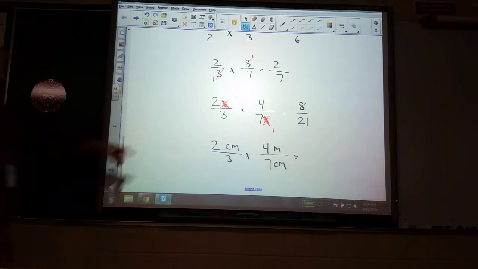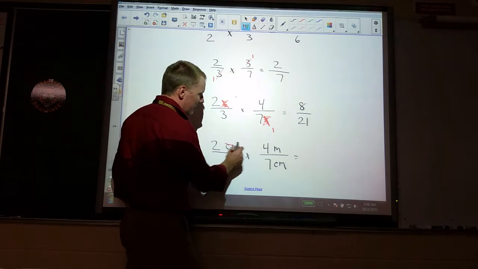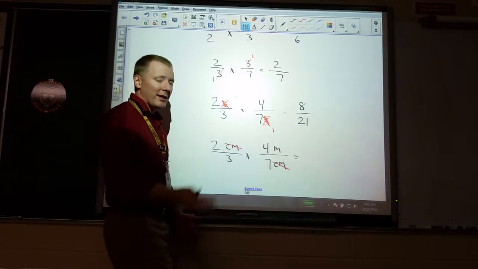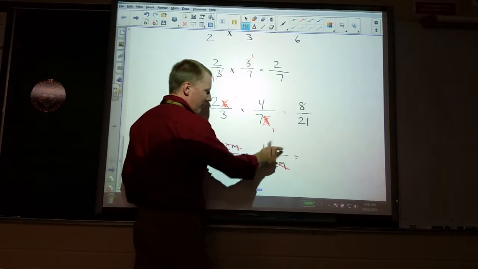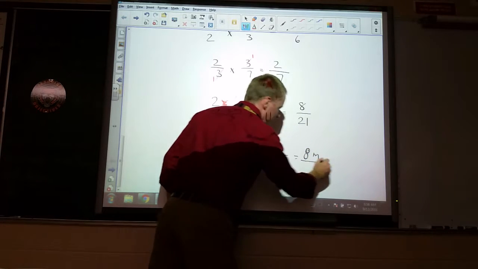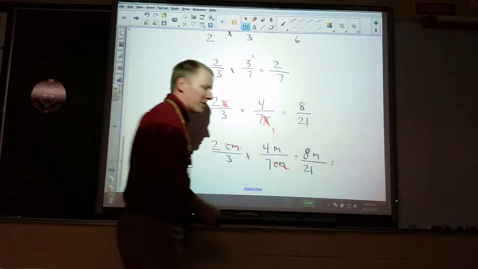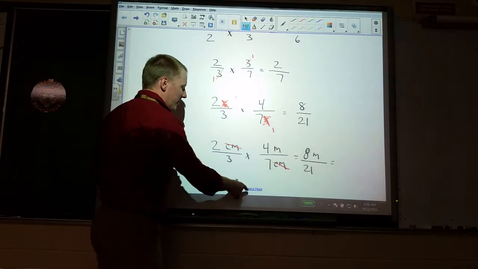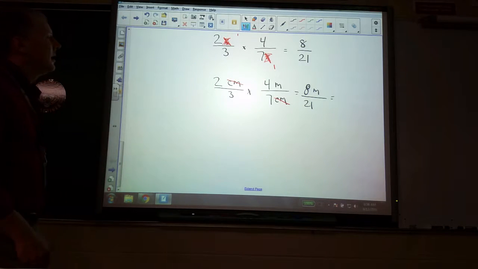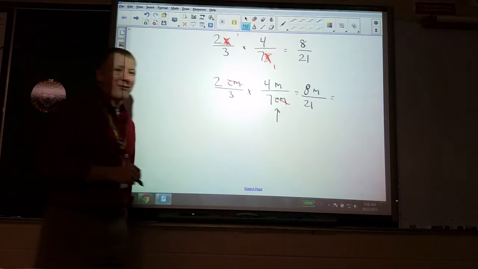We treat them very much like we treated the x. We've got a centimeter here and a centimeter there, so those cancel. We leave anything else, so we have 2 times 4 meters, that's 8 meters, over 3 times 7, 21. If this were an actual conversion, we would convert that with appropriate significant digits into decimal form. Now, we aren't going to see something like this very often in here.